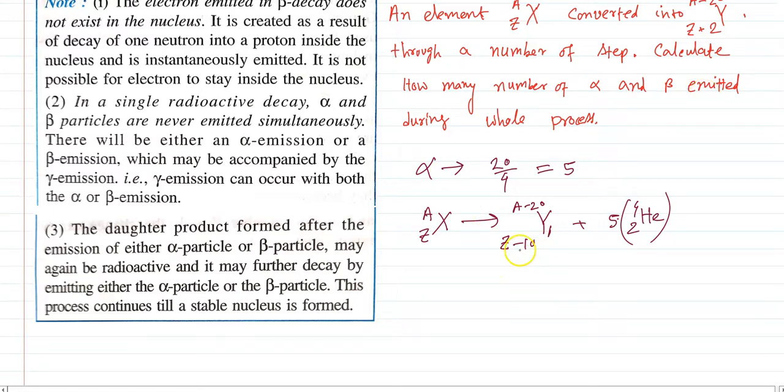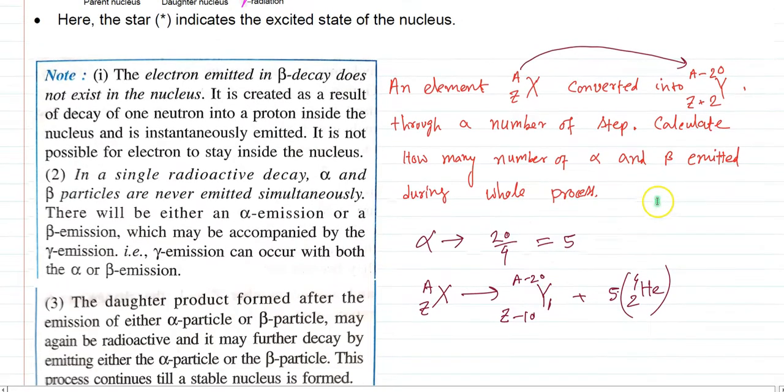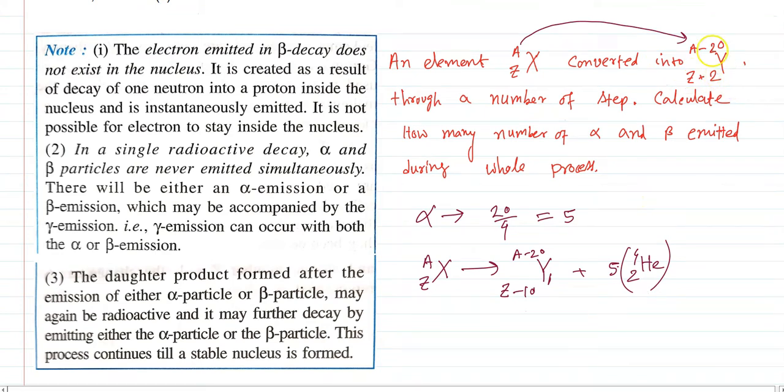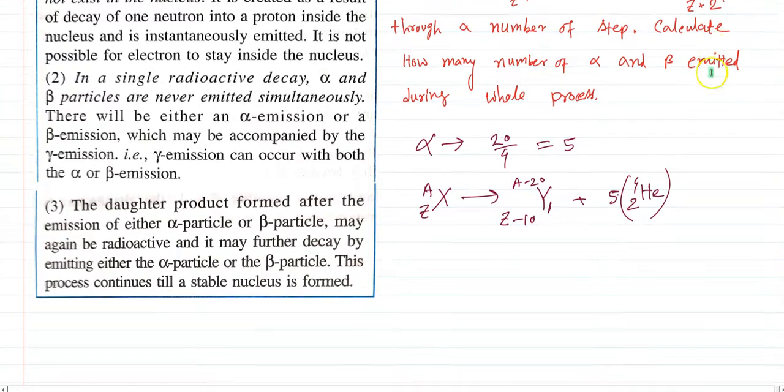So from Z minus 2 to Z minus 10, the element changes to Z plus 2, meaning A minus 20, Z minus 10, and we have to change to A minus 20, Z plus 2, plus there will be some beta particle emission.